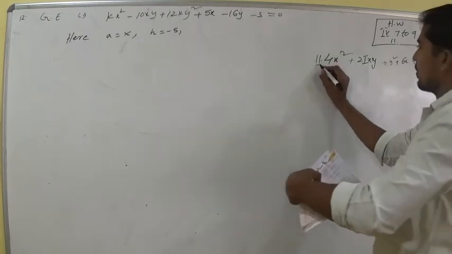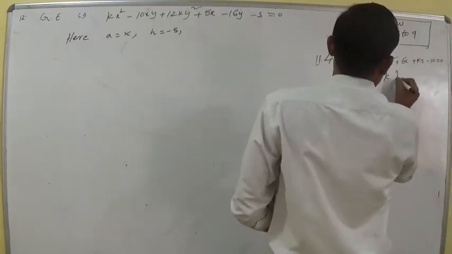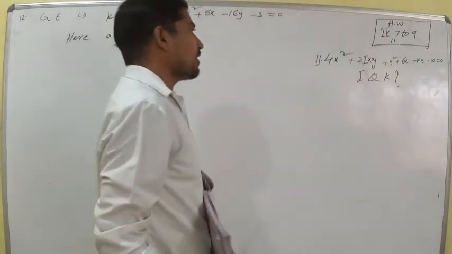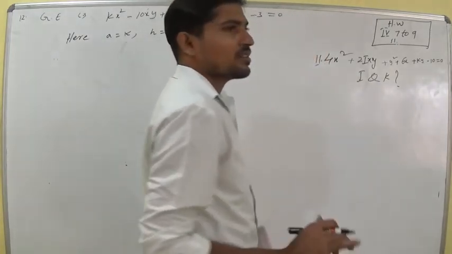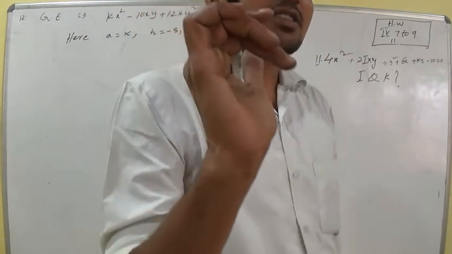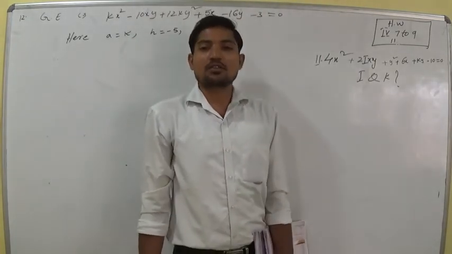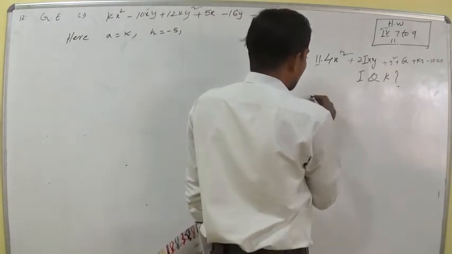This is the 11th problem. Here we have to find the values of i and k. When the two lines are parallel, then h square is equal to ab and bg square is equal to af square. Those conditions we have to use here.